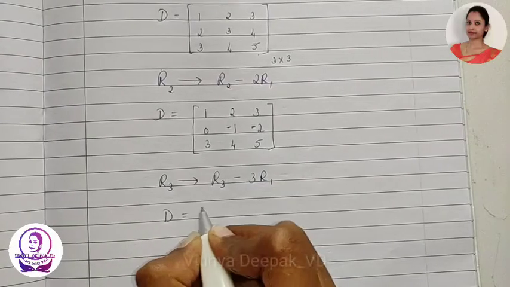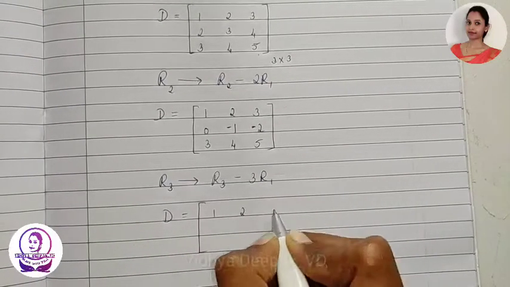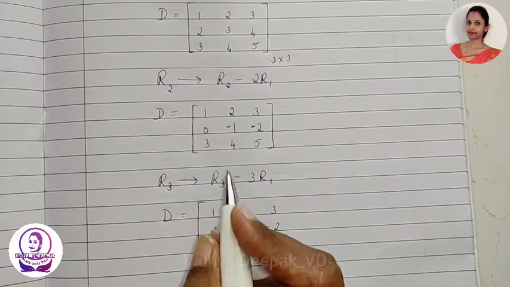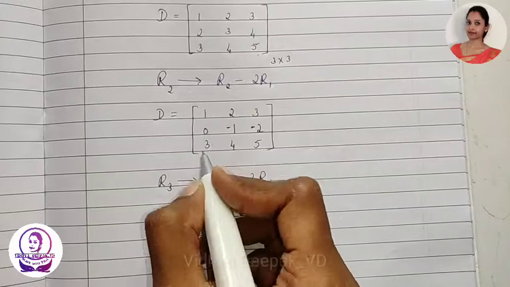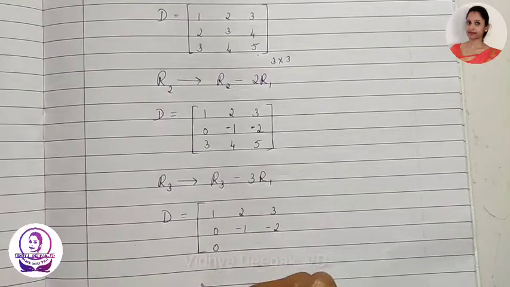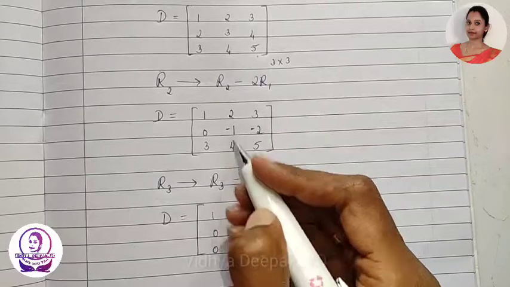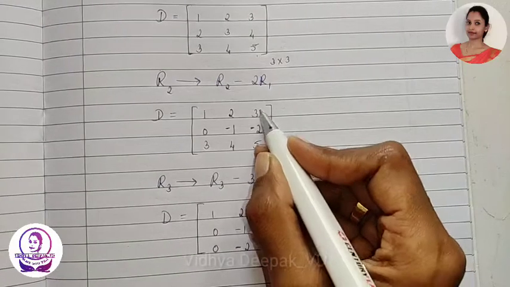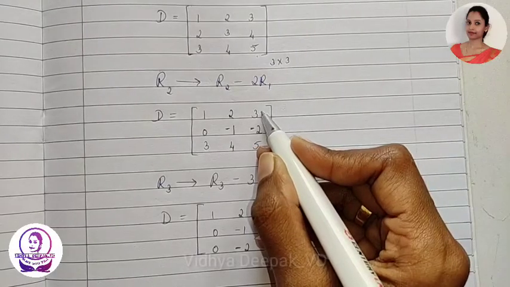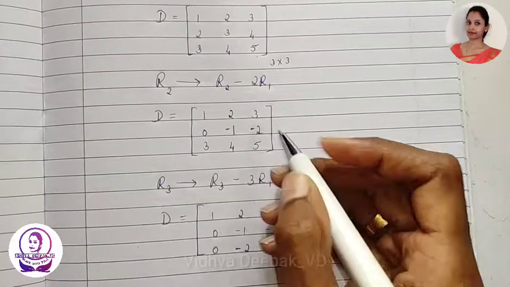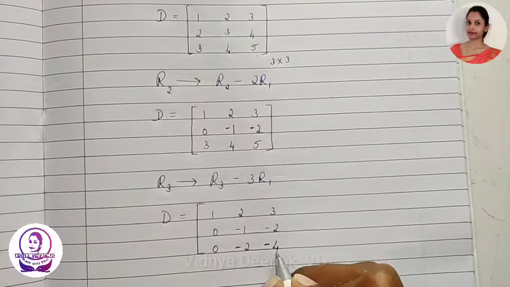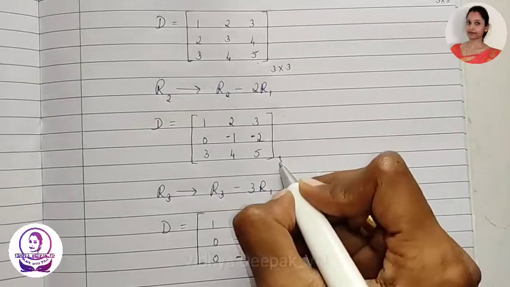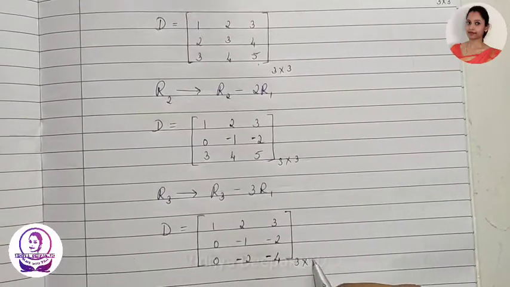We have D is equal to 1 2 3, first row remains same, second row remains same, third row: 3 1s are 3, 3 minus 3 is 0, 3 2s are 6, 4 minus 6 is minus 2, and 3 3s are 9, and 5 minus 9 is minus 4, right? Okay, all are 3 cross 3 matrices.